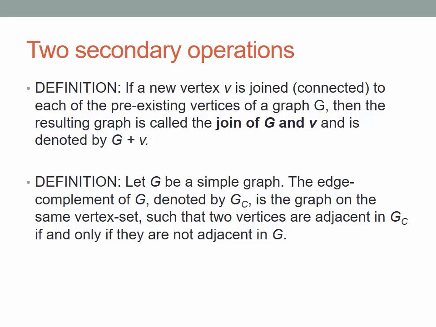Now, an example of something that's not a primary maintenance operation is called a join. If we add a new vertex to a set of pre-existing vertices and connect it to these pre-existing vertices, then this is called a join. And this is not a primary operation because we've changed both the vertex set and the edge set.